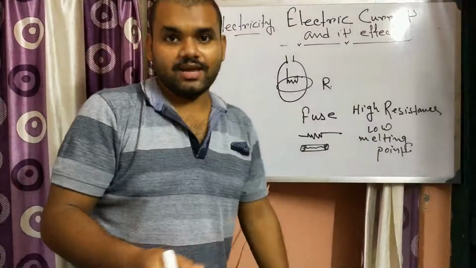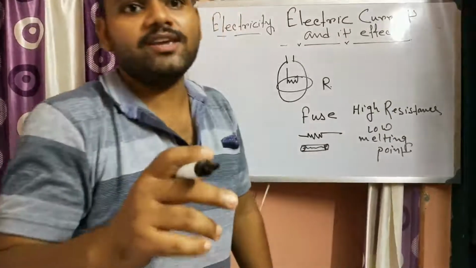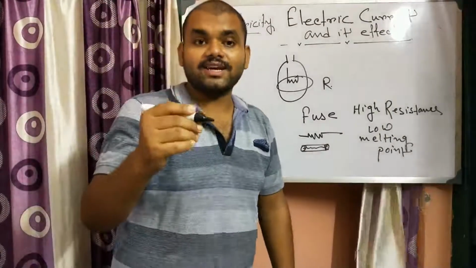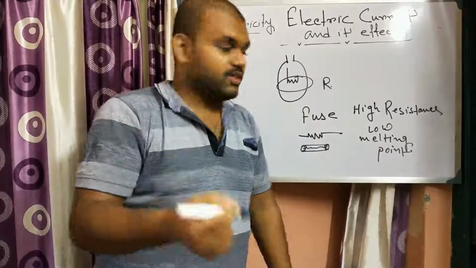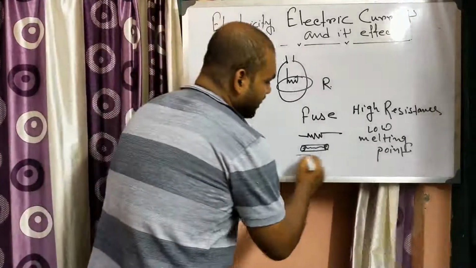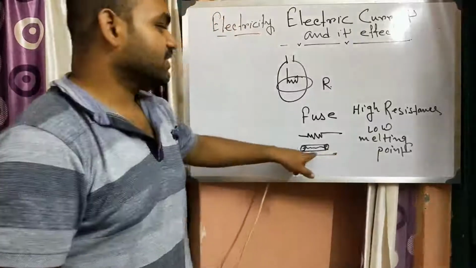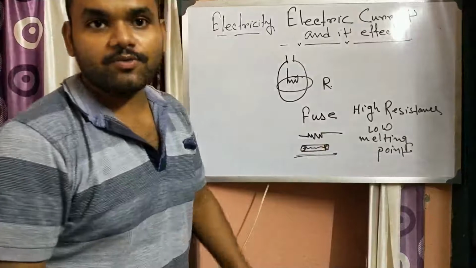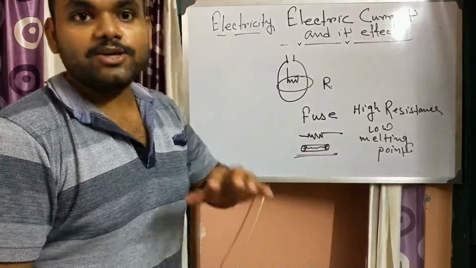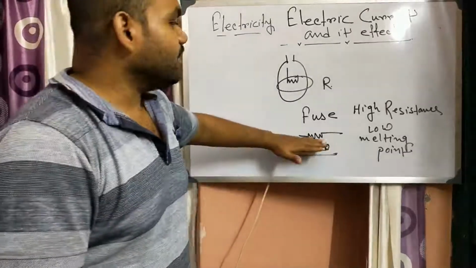Whenever a short circuit happens, or if there is a certain flow of electric current that increases beyond a particular value, at that time, due to the increase in current, the amount of heat generated in the fuse wire will increase, and due to more heat, it will melt.